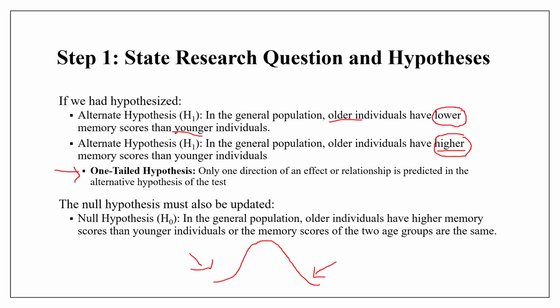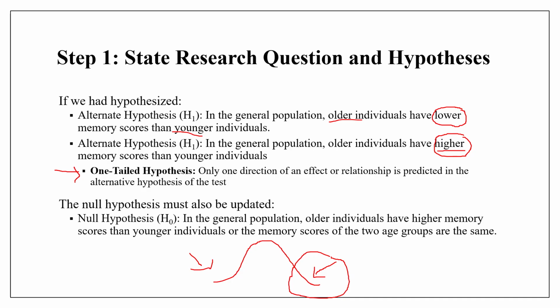So if we say that we're looking at one tail, then we have to decide which of these two tails we're looking at. So in the case of saying higher, then we're going to be looking at this tail right here. If we had said lower, then we would be looking at this tail right here. But because it's a one-tail hypothesis, we're only looking at one of them.